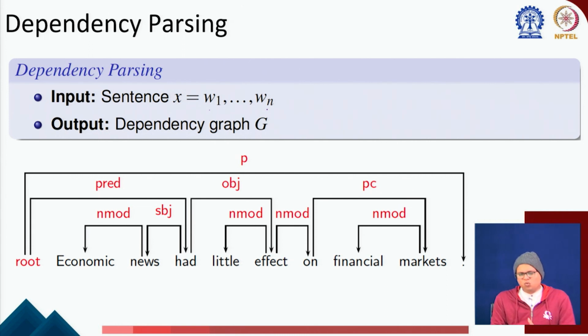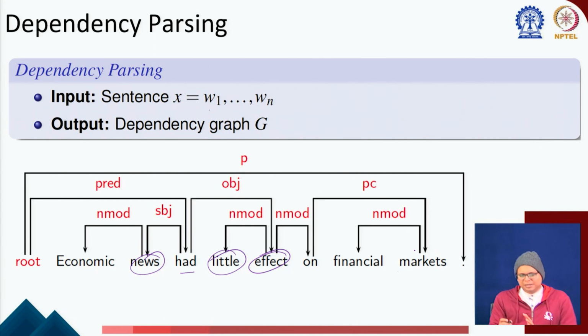You want to find out what is the relation between them. So you are saying, for example, the word head is the root, its subject is news, its object is effect, and its noun modifier is little, and so on, right? Markets has a noun modifier financial. So you are finding relations between words, and that tells you the entire idea about the sentence, how the words are connected to each other in various relations.